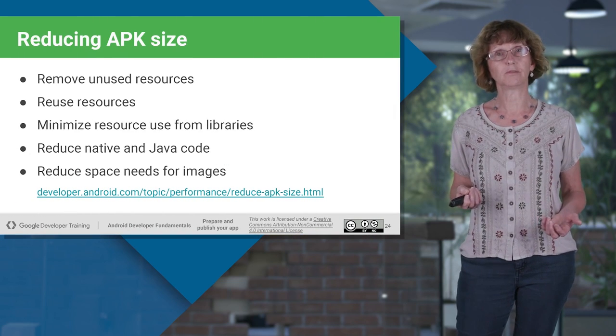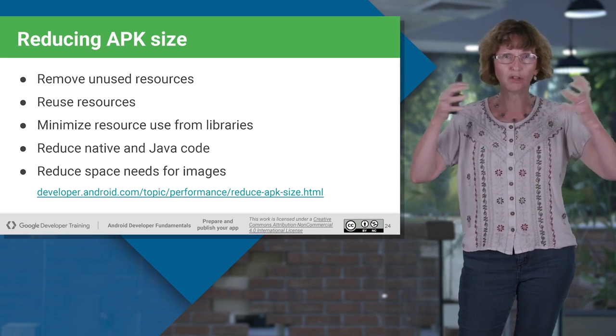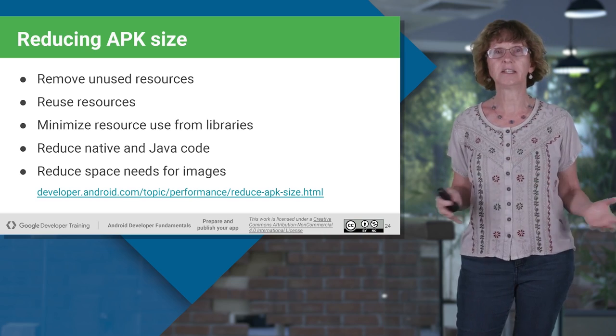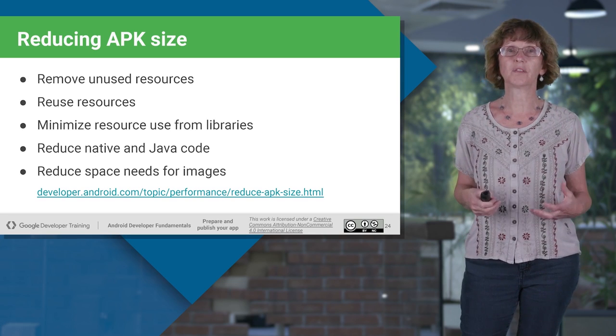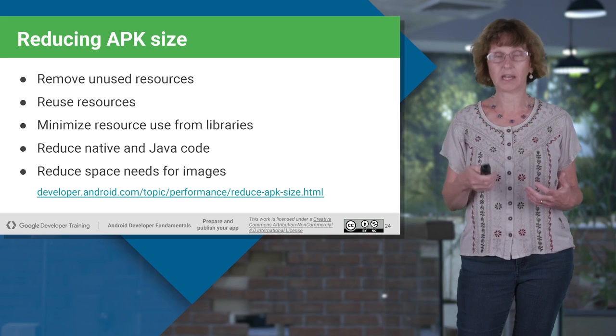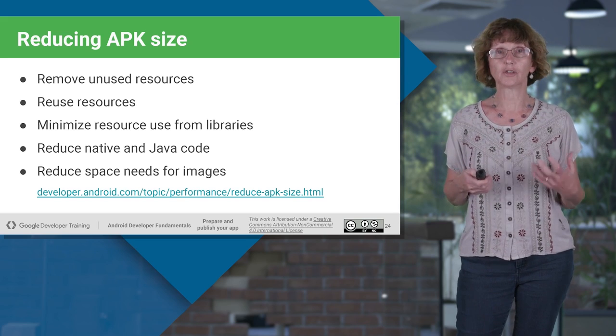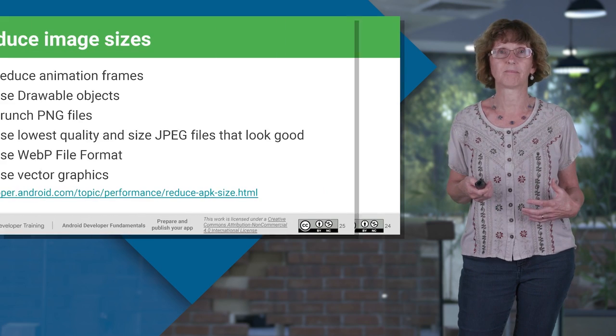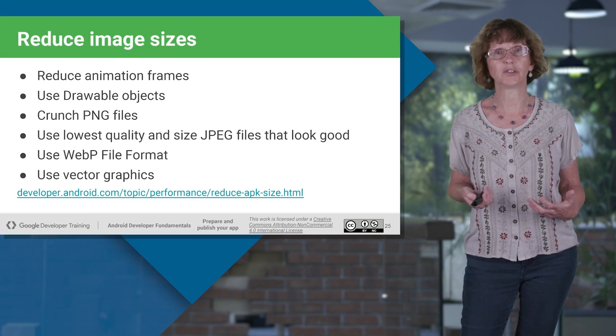So how do you reduce the APK size? How do you make your app small? A lot of this comes back to the house cleaning. You need to get rid of the clutter. You need to remove things from your project that the app doesn't actually use. And a big one is to look at your images and make sure they're as small as they possibly can be. So how do you reduce image size?